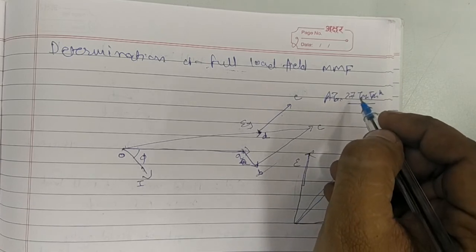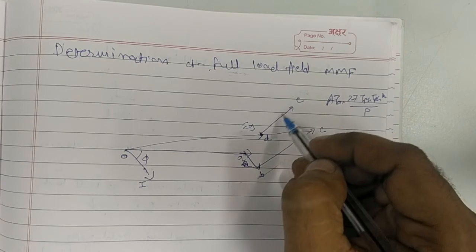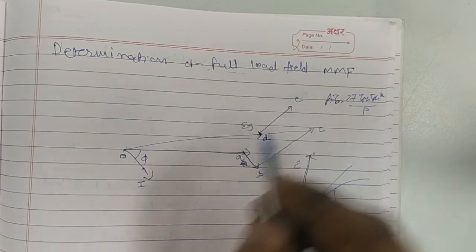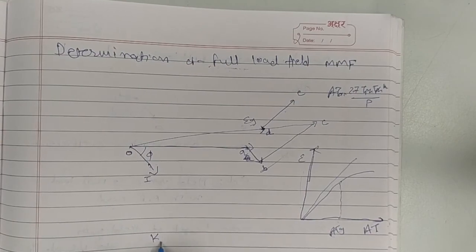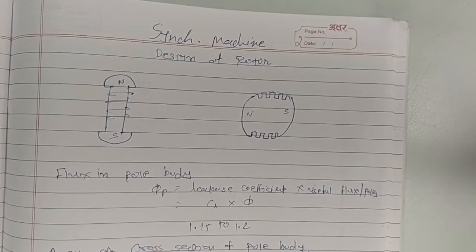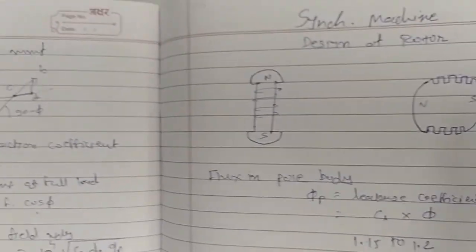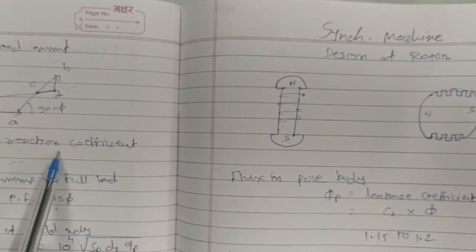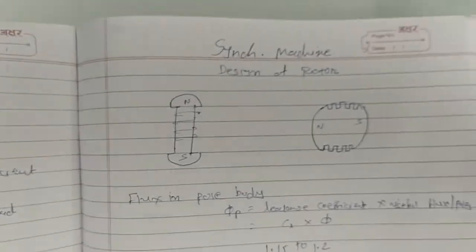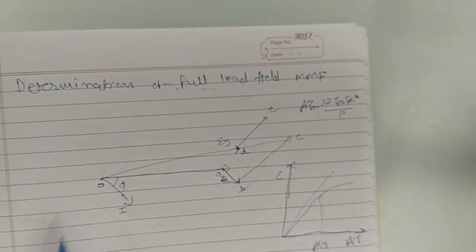Now again, we have to locate this point using KR, just like the previous case. The ratio, or cross reaction coefficient, would be given to you, and we have to bisect this line.